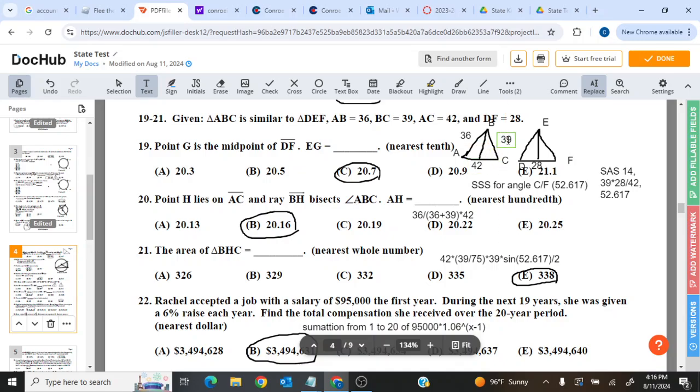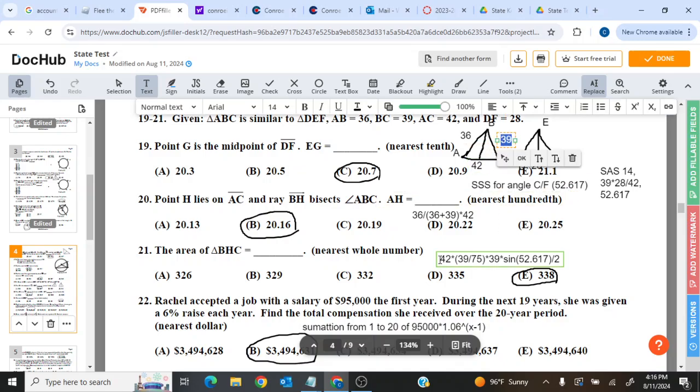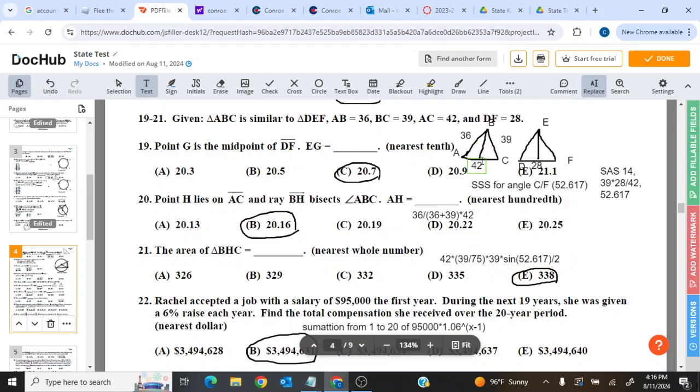You use the same method as before, 39 over 75 times 42, and that's one of your sides. Then your other side is this 39 right here. And then your angle is still going to be this angle we found earlier of 52.617. Divide by 2 because it's a triangle, and you get an area of 338.